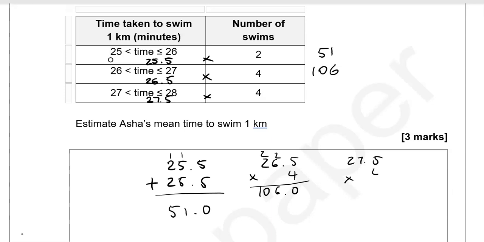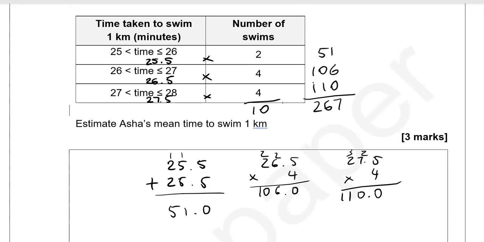27.5 times 4, 4 times 5, 20, 4 times 7, 28 and the 2, that makes 30, 4 times 2 is 8 and the 3 is 11. Adding them all together, so 267.